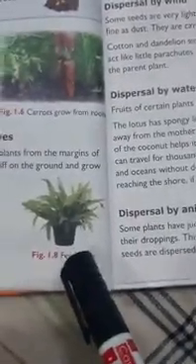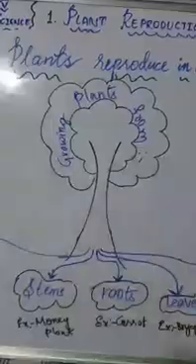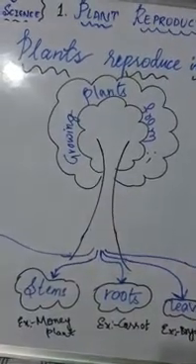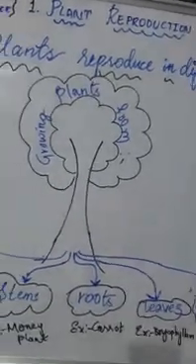Then last but not least is growing plants from spores. The best example has been given here. These spores will fall on the ground and grow into new plants. So children, everyone see here, plants reproduce in different ways.